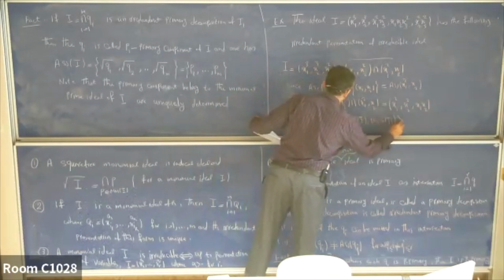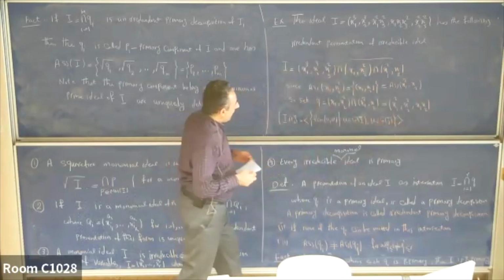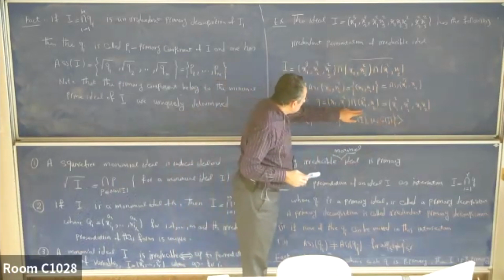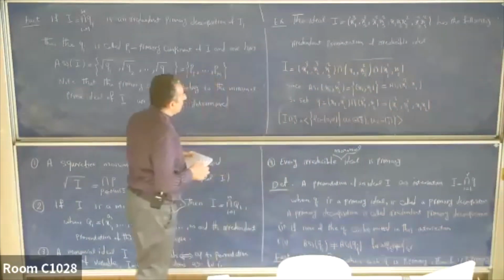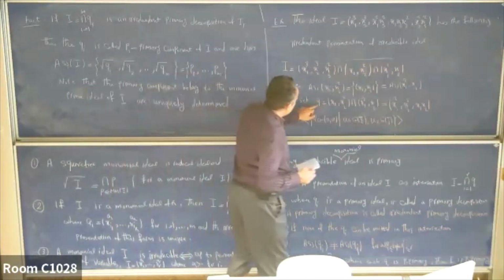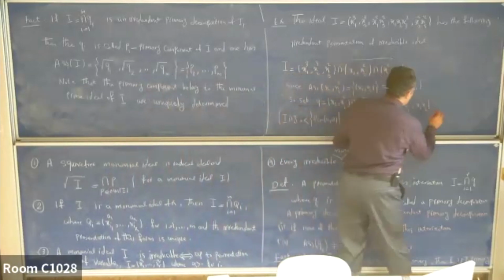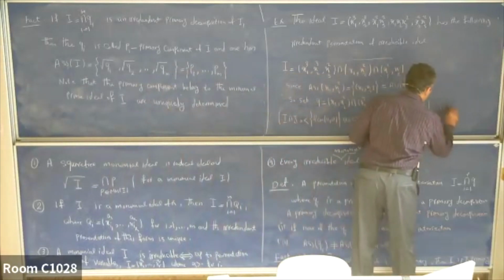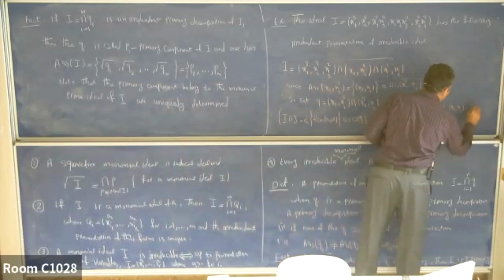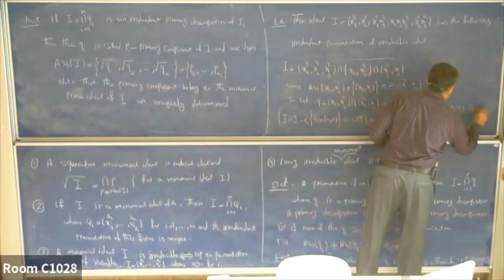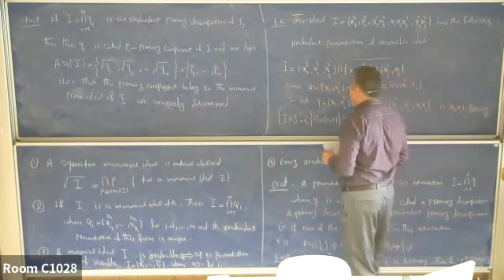By using this we have the intersection of these two ideals is equal to this one. So this ideal is P-primary. This ideal is (x1, x2)-primary.